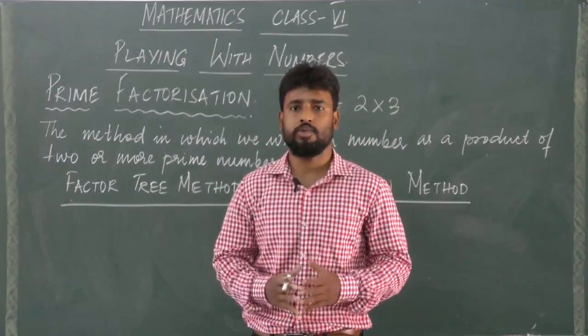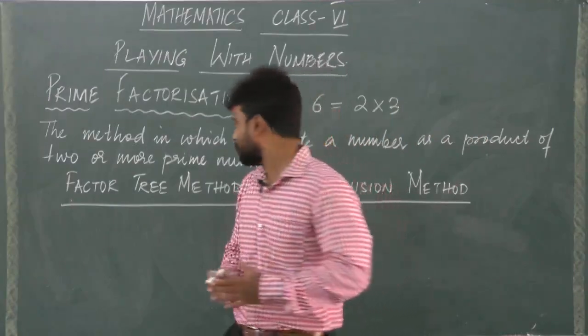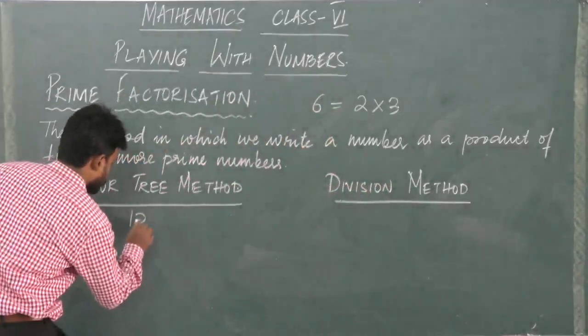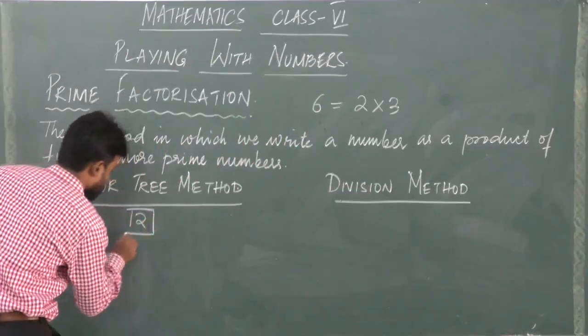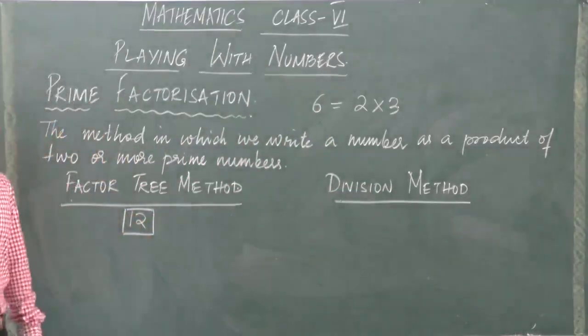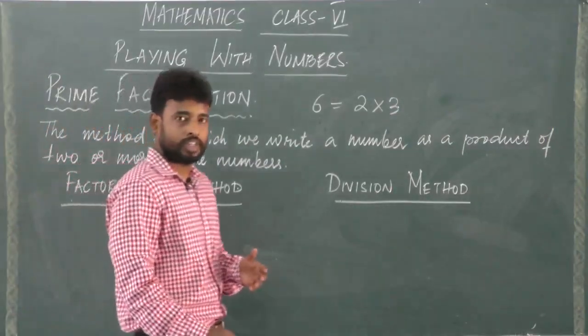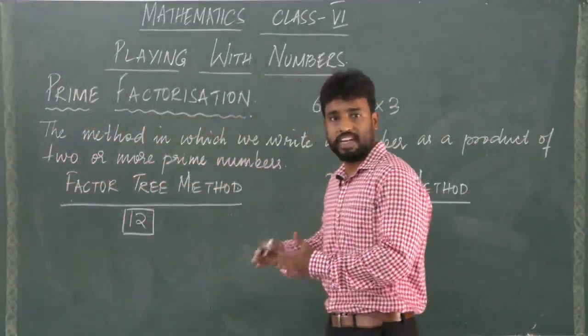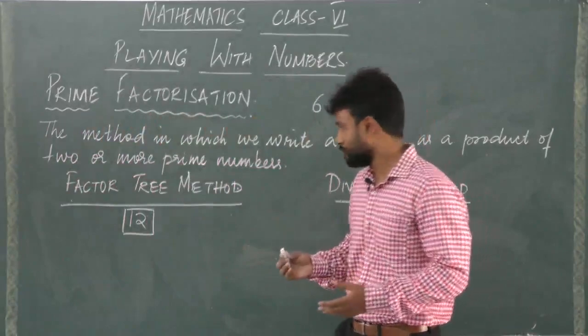Let's take a number, that is 12. Now 12 can be written as 2 into 6.